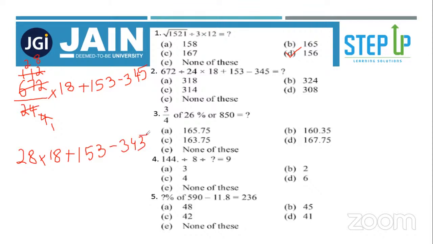Oh, sorry, 345. Yes. 312 or 321. Yes. So it's none of these. That means it's not given in the options. The other 4 options. So it's 312. Okay with that?